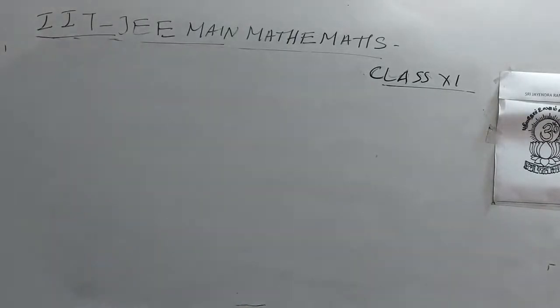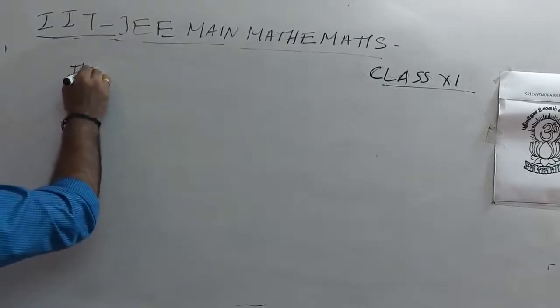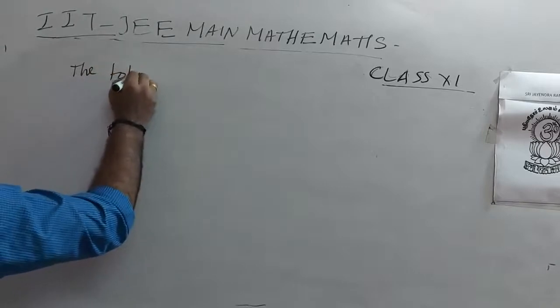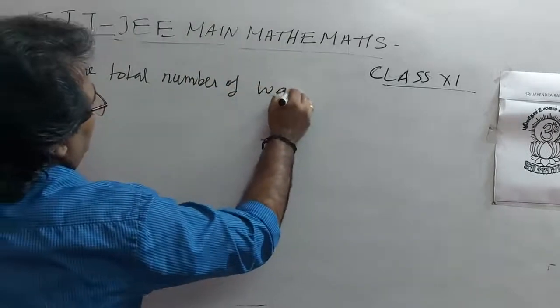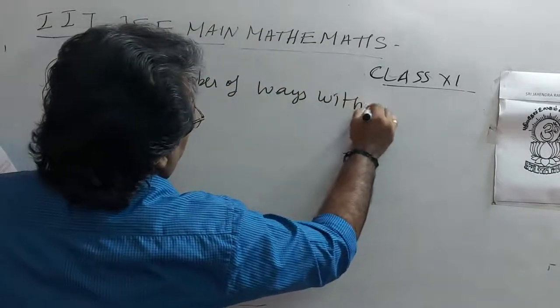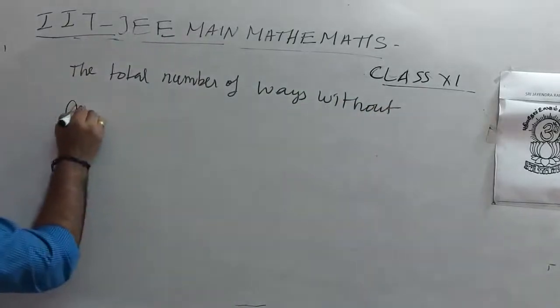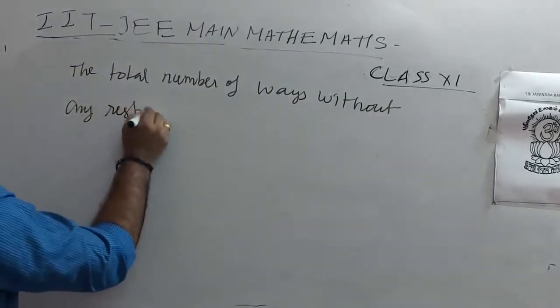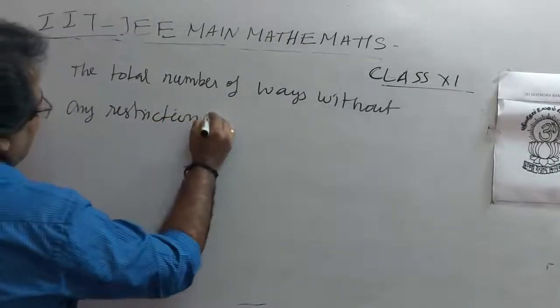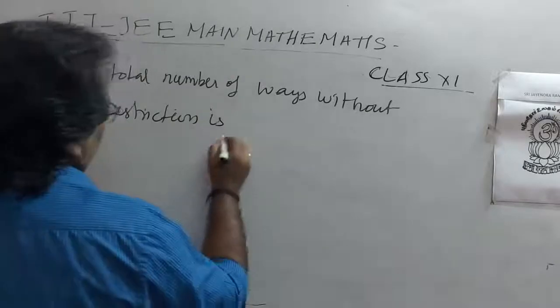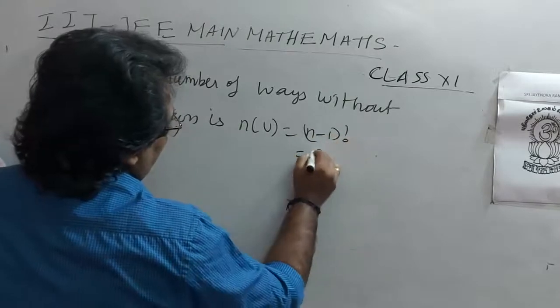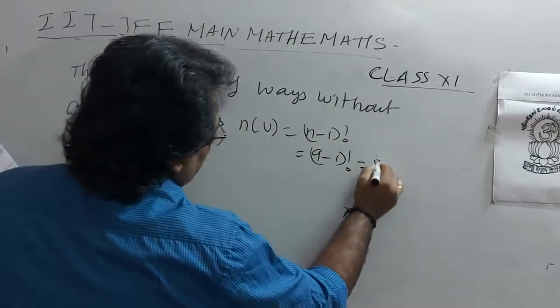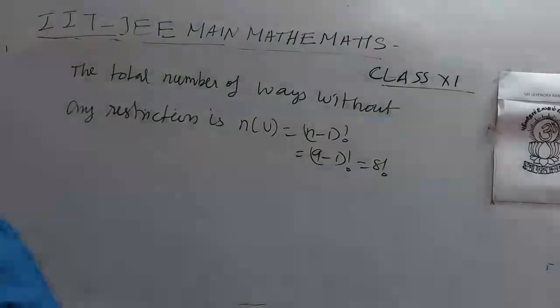Totally, we have 8 persons. The total number of arrangements without any restriction, that is n of U, is (n minus 1) factorial.